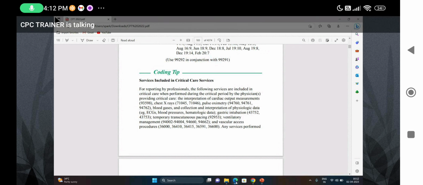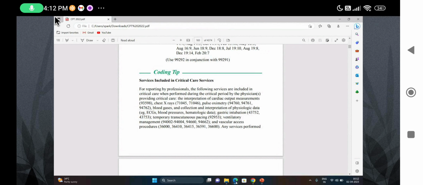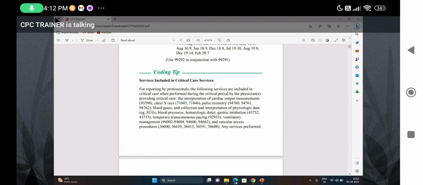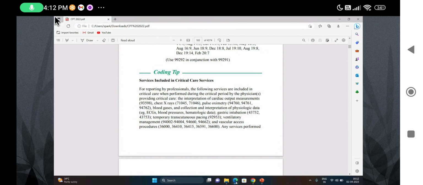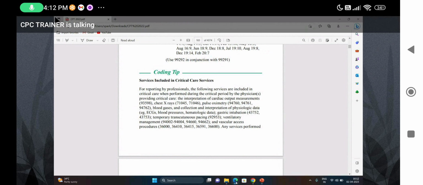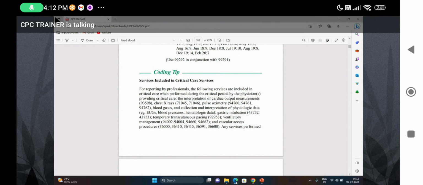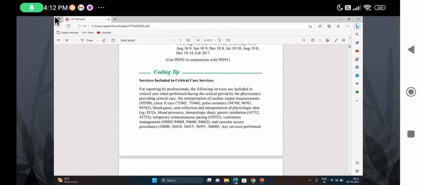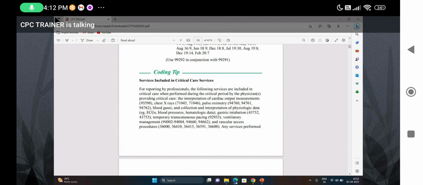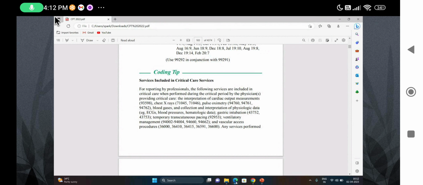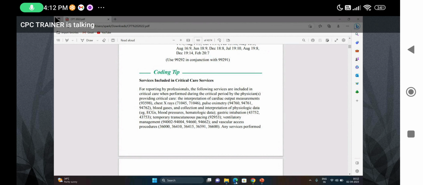And the next one is gastric intubation. And the next one is ventilator management.